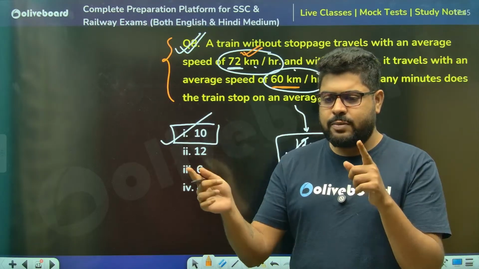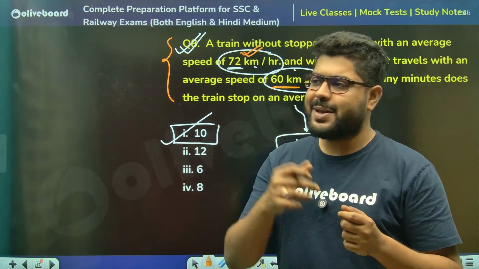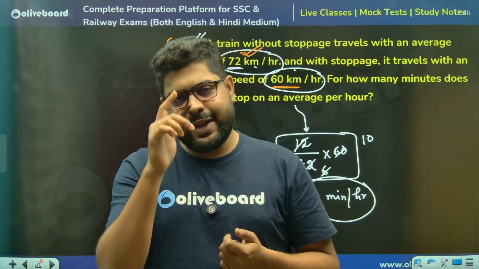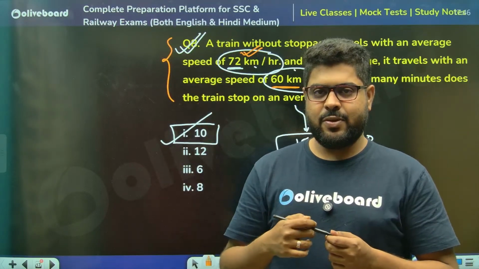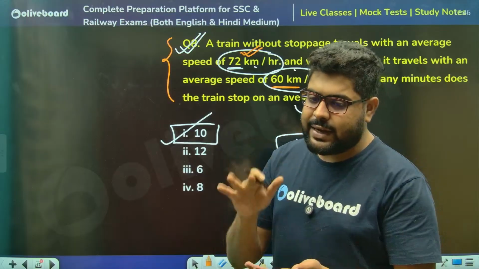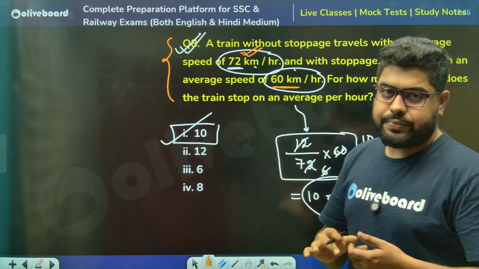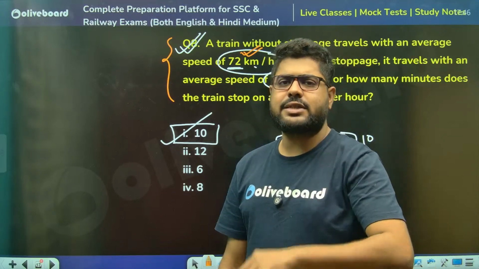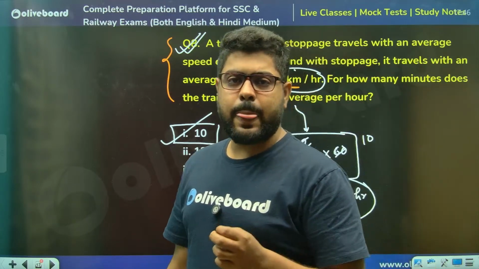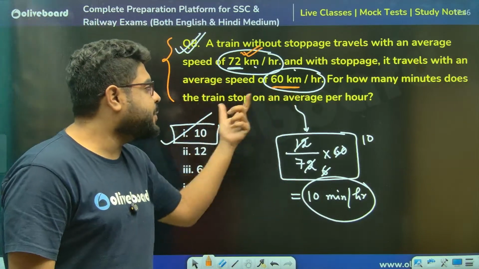If you want to go from Delhi to Bombay, the total distance, Google Map is showing this by 100. But the actual timing is higher. Why? Because the train is not always running. It is stationary at signals, in stations, जहां पर उसको break लेना है. So that is the reason this average speed drops to 60.